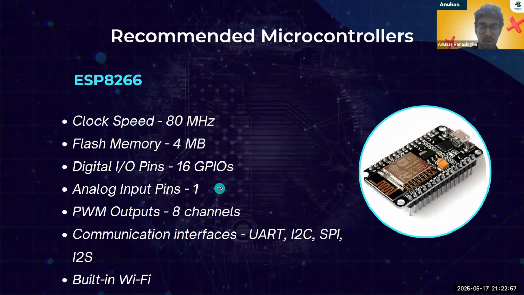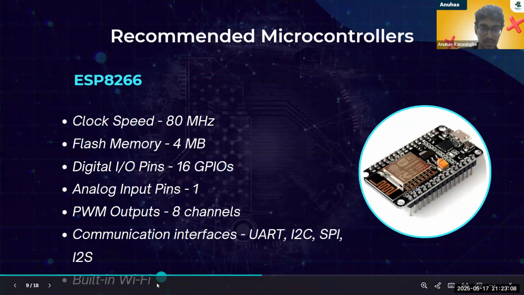So if your project requires a lot of analog pins, it's better not to use the ESP8266 microcontroller. Another strong point is it has built-in Wi-Fi capabilities. If you are going to develop a basic remote control robot or something, it's better to use this microcontroller for your project.